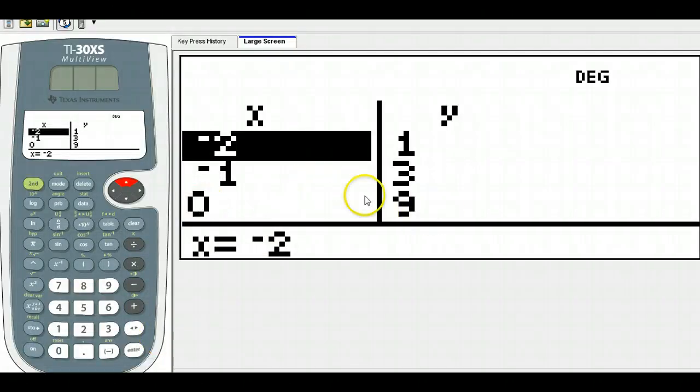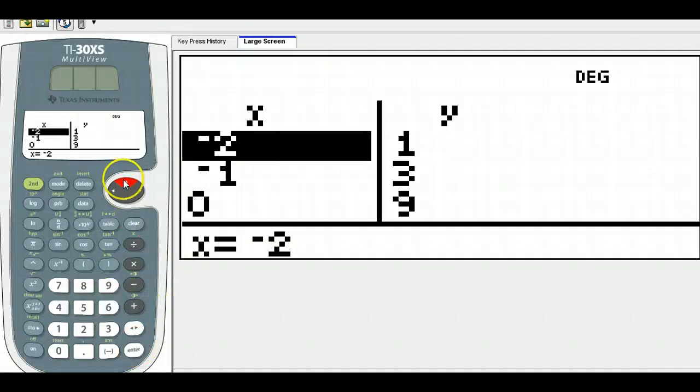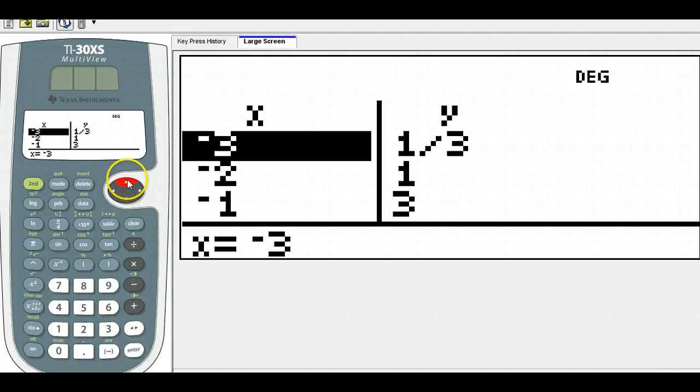Okay, so 0, 9, -1, 3. So I've got 3 and 1. Okay, and then as it goes up from there, I've got 1/3 and 1/9.